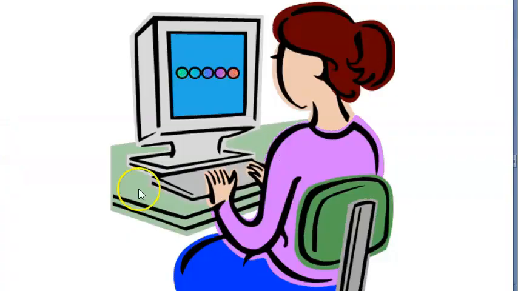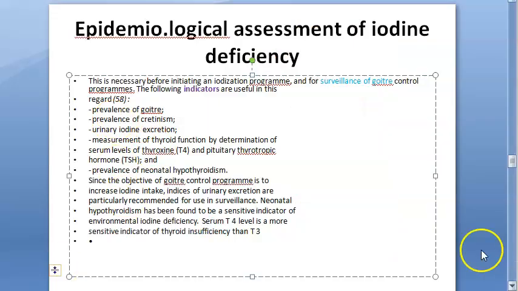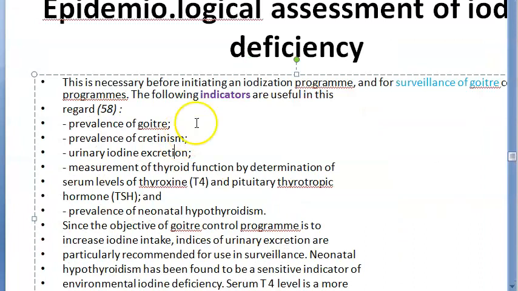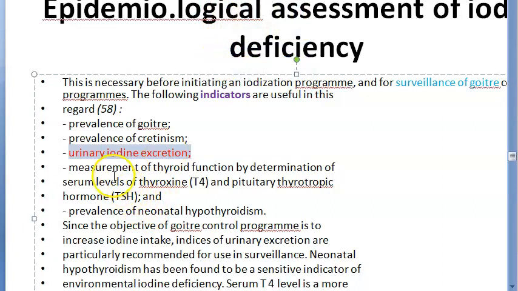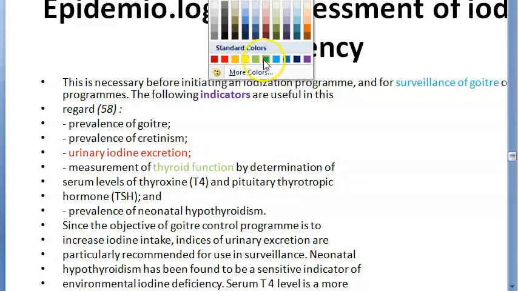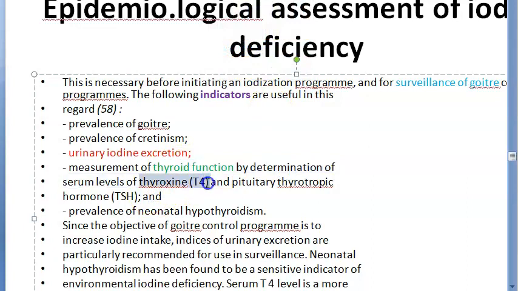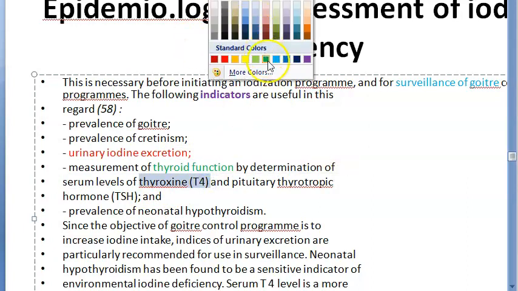How do you know there is iodine deficiency here? What are the indicators? Surveillance. You'll check prevalence of goiter. You'll check prevalence of cretinism. Urine iodine excretion: you will see how much iodine is being excreted in the urine. Then measurement of thyroid function: you will do thyroid function tests, and check level of T4, T3, TSH, thyroid stimulating hormone.